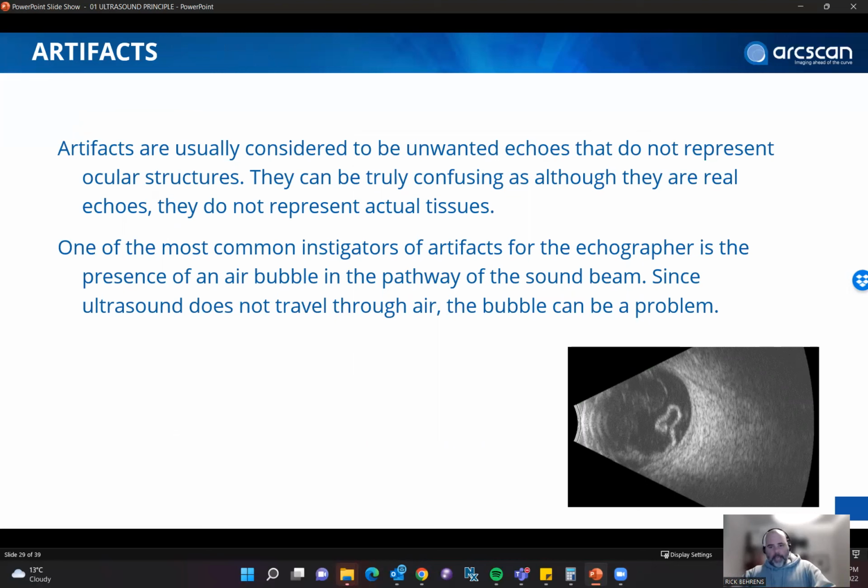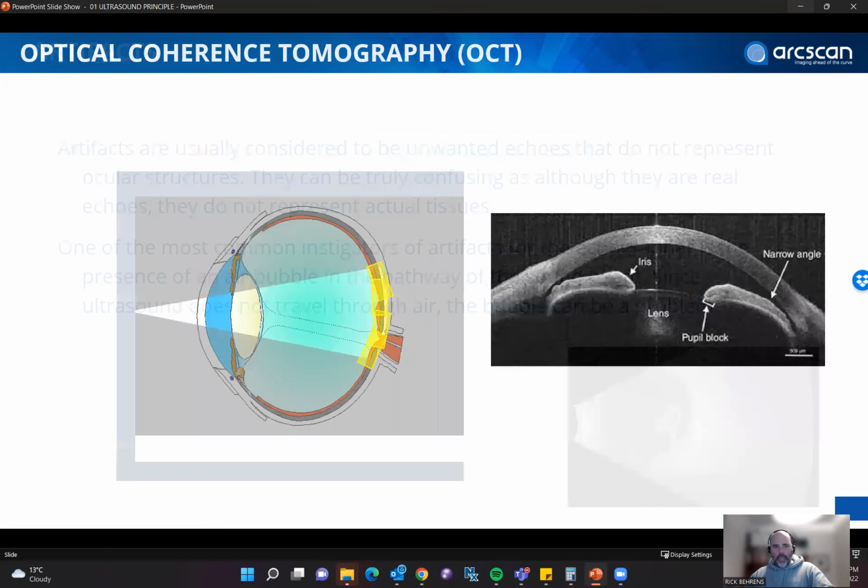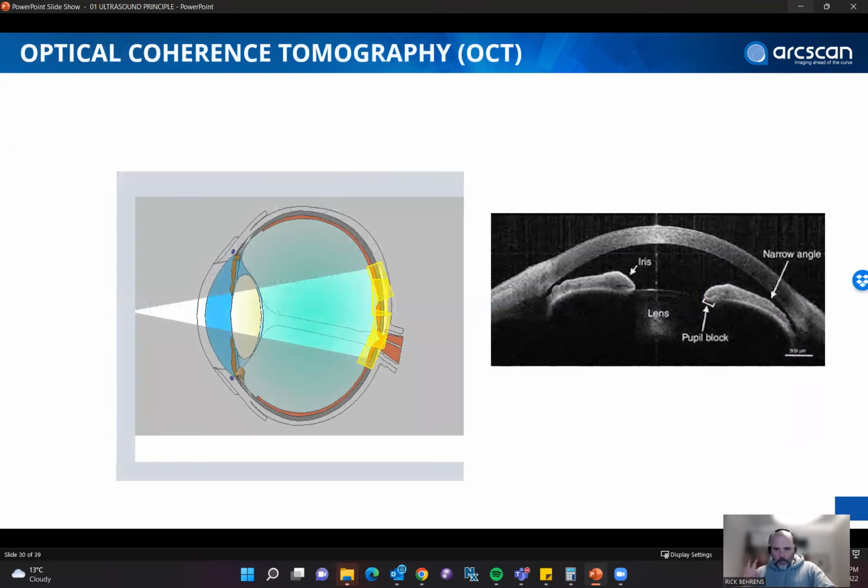So this is a worm, but this bubble here is going to produce different shadows on the back. When you have an IOL, there will be a shadow in the back. When you have the membrane, it's going to be a shadow on the back. If you have a dislocated IOL, it will give you shadows on the back. Everything that is in front can produce a shadow behind it.